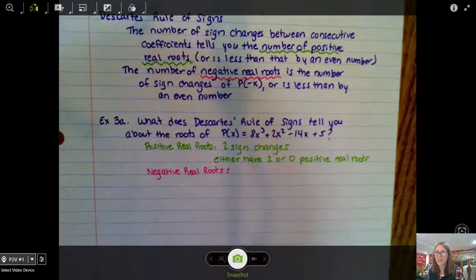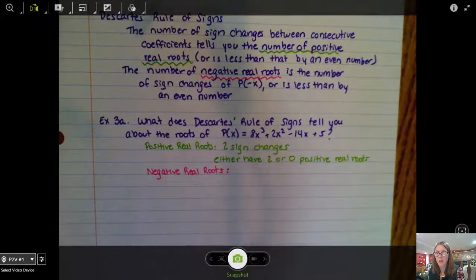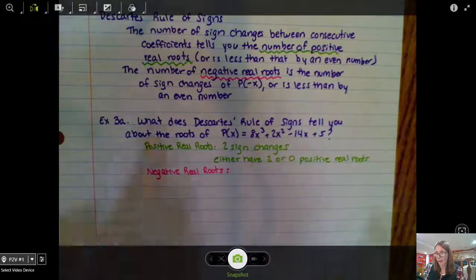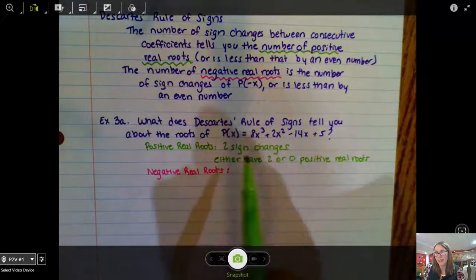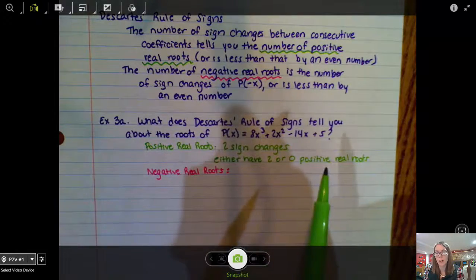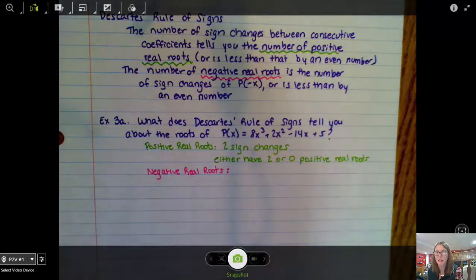Now, we don't know what those roots are. We don't know if they're rational or irrational. All I know is that if I were looking at a graph of this function, I am going to either see 2 or 0 x-intercepts on the right side of your y-axis, positive x values.